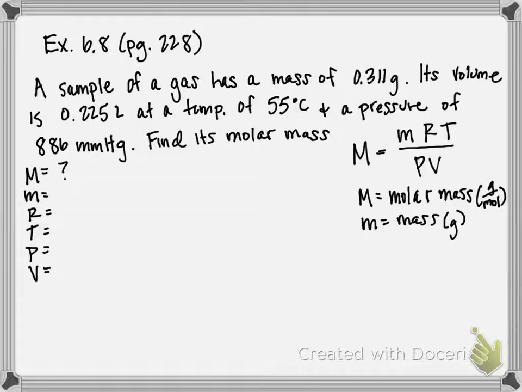So we can do a rearrangement of the terms in the ideal gas law, split some things up, and come up with the equation shown on the screen, where big M means molar mass, that's in units of grams per mole, is equal to little m, which is mass, times R, the ideal gas constant, 0.08206 liters times atmospheres over moles times Kelvin, times T, still in Kelvin, over P, pressure in atmospheres, and V, volume in liters.